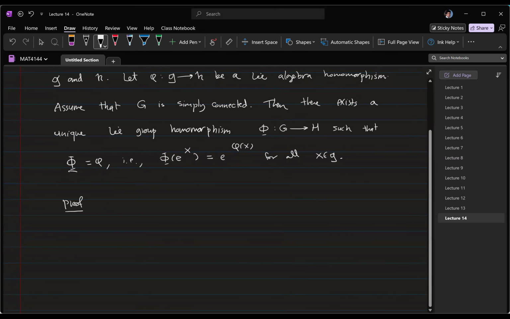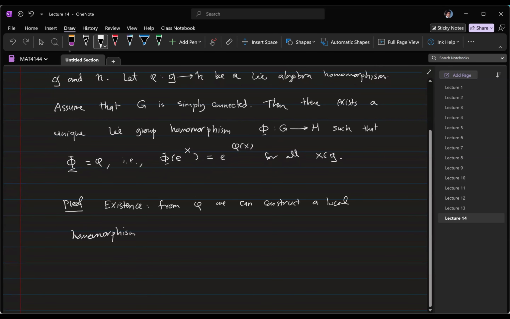So what's the proof? Let's talk about existence and then uniqueness. From phi, we can construct first a local homomorphism. We can always do this. It doesn't require simply connectedness.